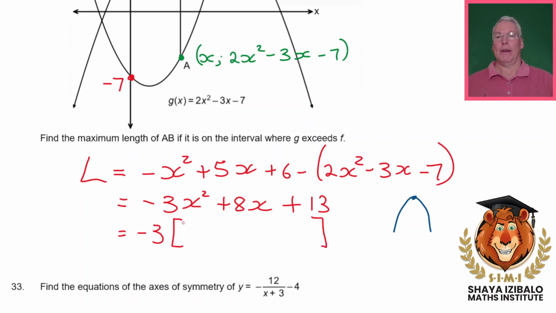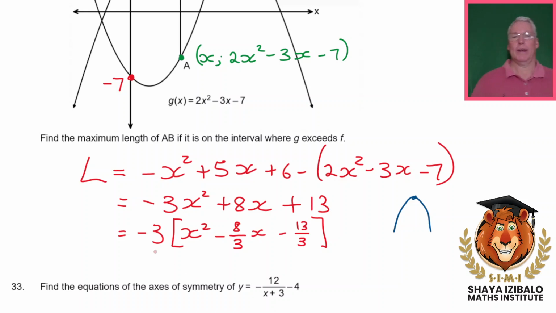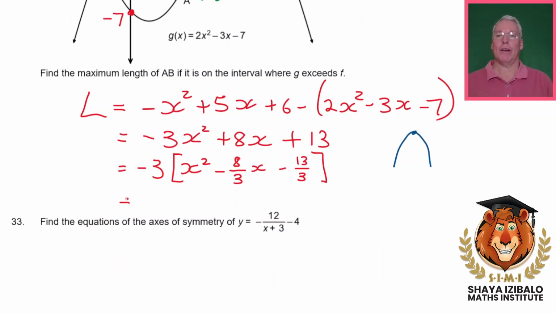So we're going to write x squared here. This is going to be minus 8 over 3, lots of x, and this is going to be minus 13 over 3. Next up, we are going to try and write this as negative 3 times something squared.